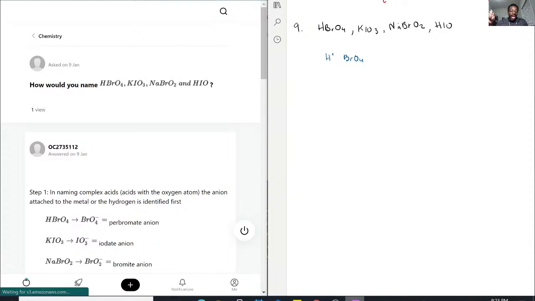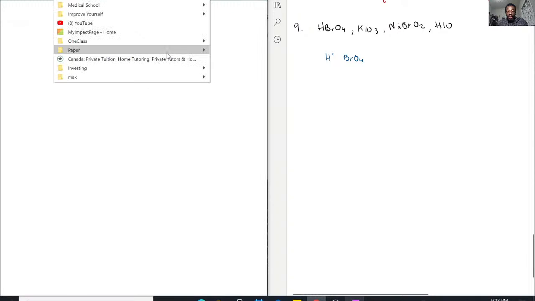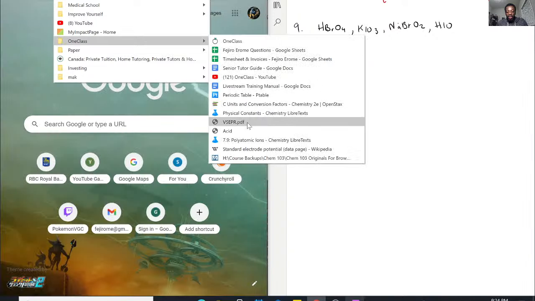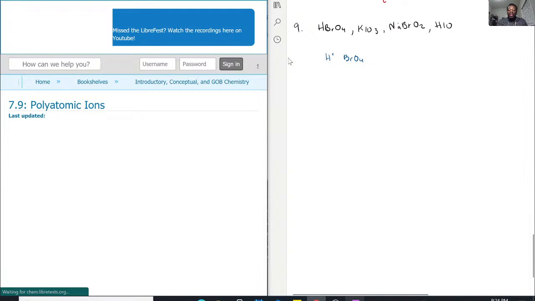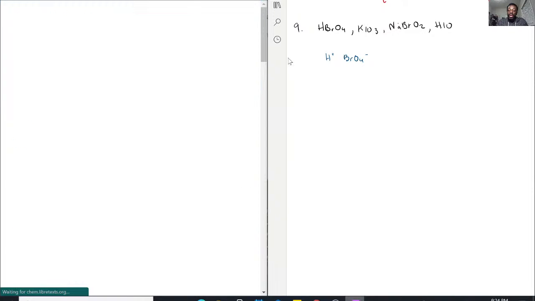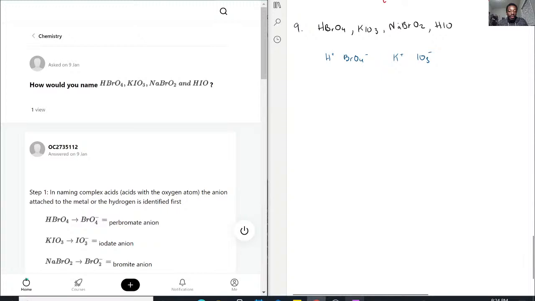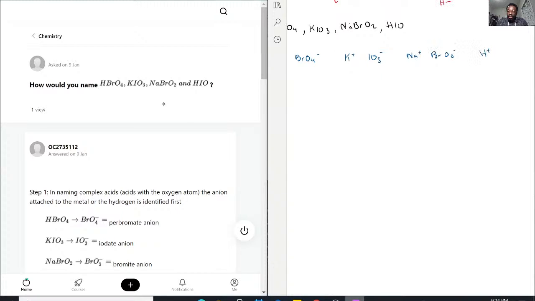And I do actually conveniently have a list of ions we can refer to. Okay? Polyatomic ions. As soon as that loads, because this would be H plus and BrO4 minus. We have K plus and IO3 minus. We have Na plus and BrO2 minus. And then we have H plus and IO minus.